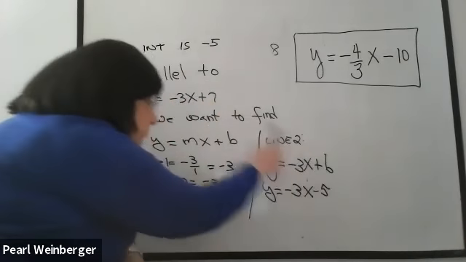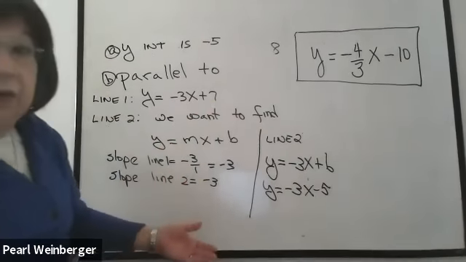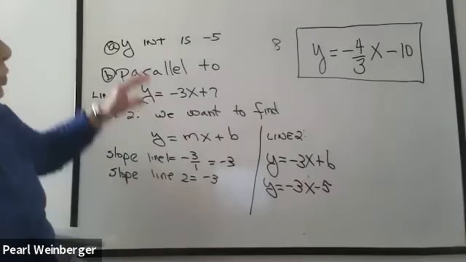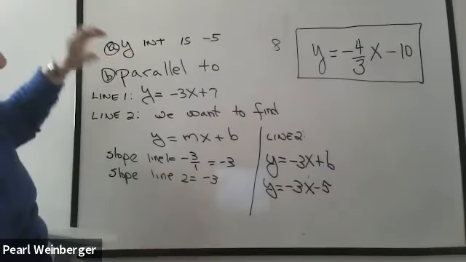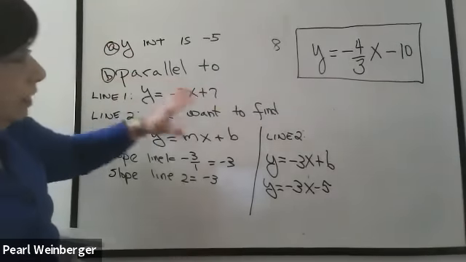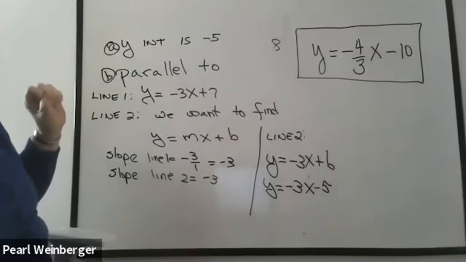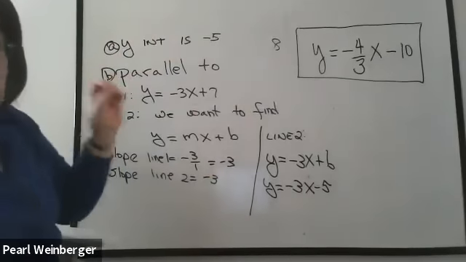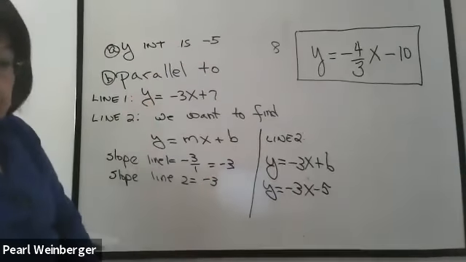Notice the b's are different. Well, that would happen because they're not the same line, they're parallel lines. So again, I concentrate on figuring out what the slope is, and once I figure out what the slope is, then I go to the y-intercept.